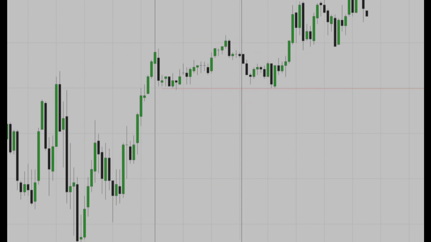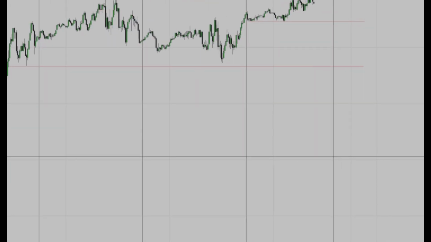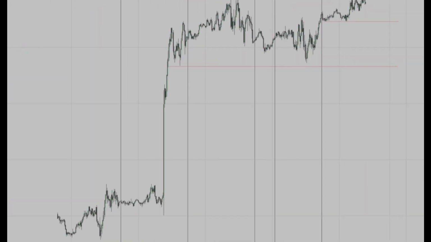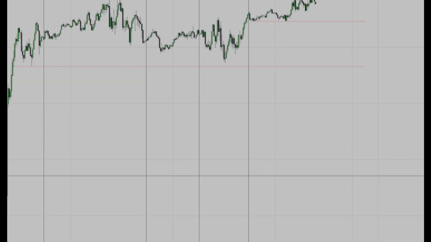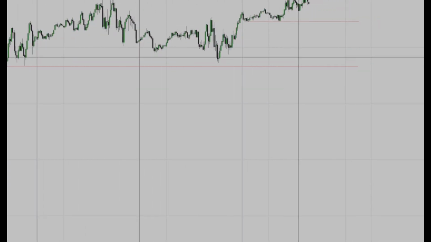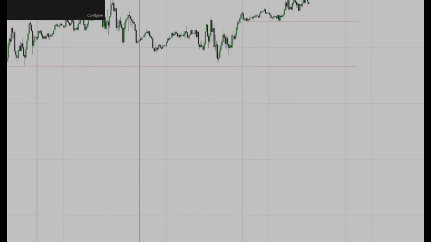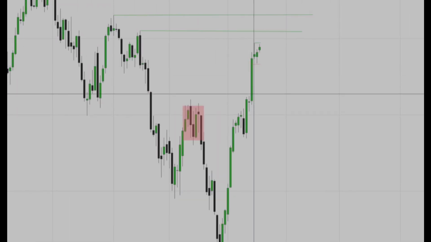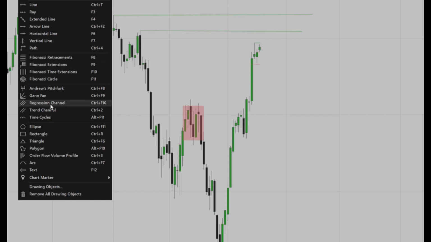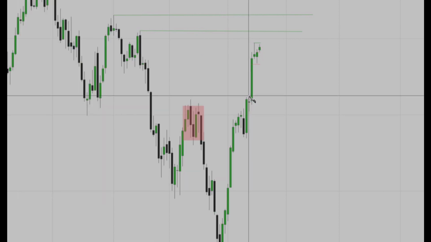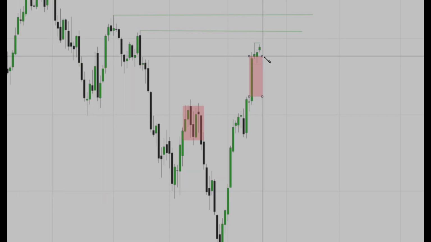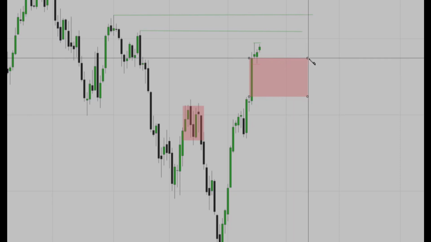So back to the 15-minute. Now, my sentiment today is bearish. I want to see us dig into this inefficiency here, this sell side imbalance, buy side inefficiency.